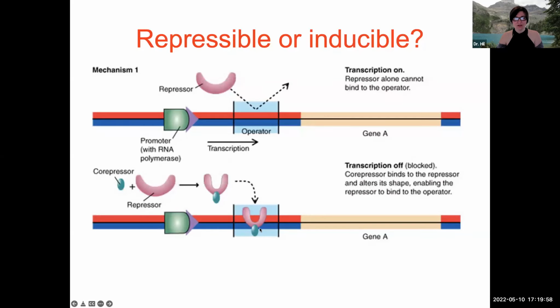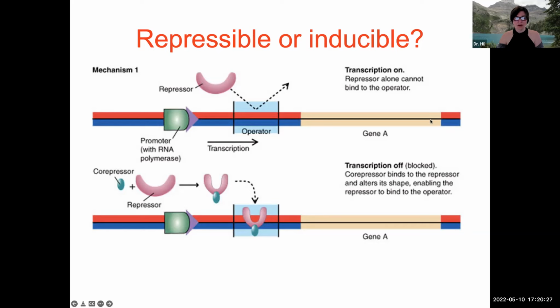Okay, let's look at another situation. This is an example where the constitutively expressed repressor, when it folds, is not ready. It is lazy. It is born lazy. It's not in the right shape to bind the operator. So the default state of transcription is that it is on, right?